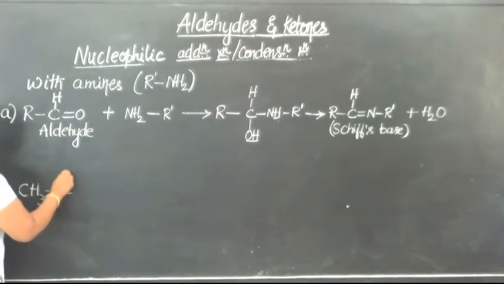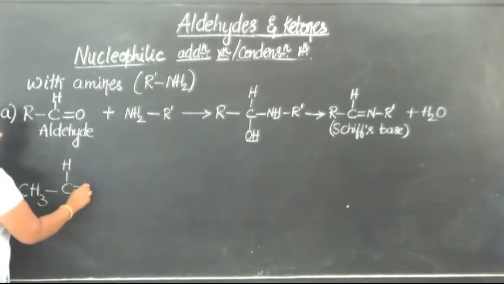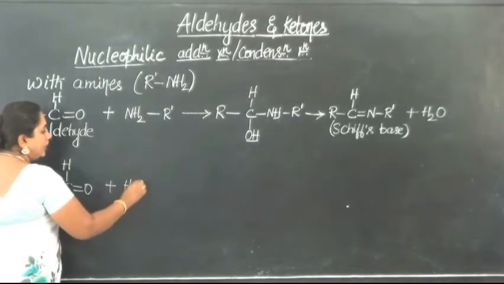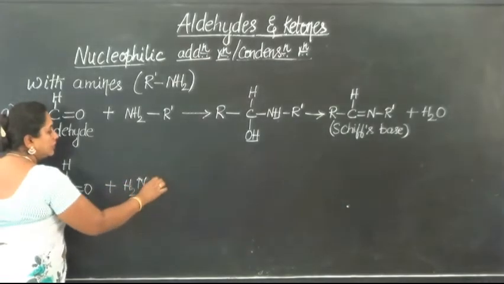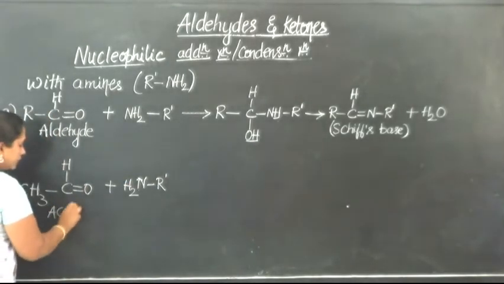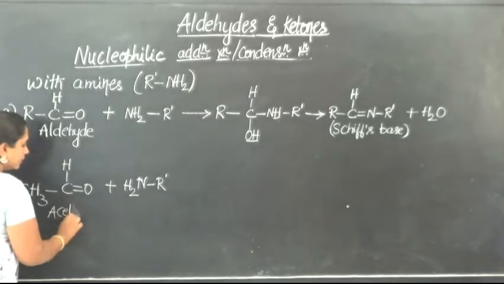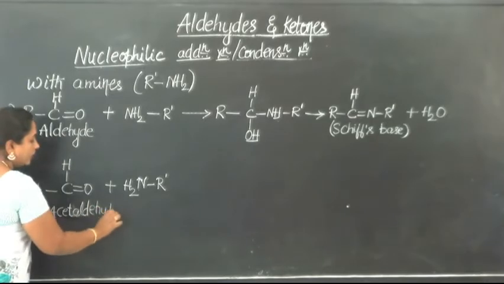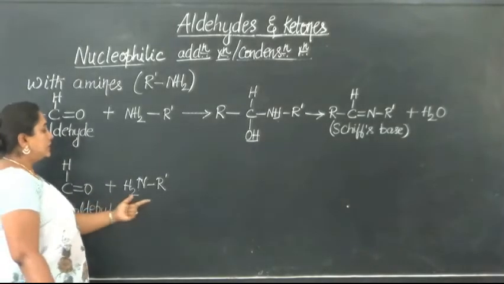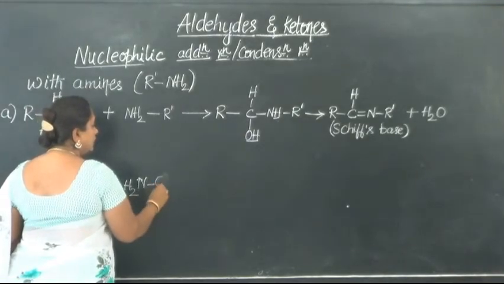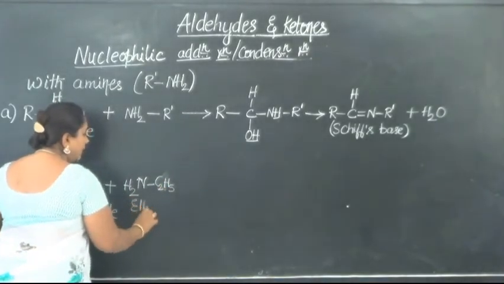So, let us consider acetaldehyde as our example, as we have been learning all the reactions with this aldehyde. Acetaldehyde is treated with an amine. Any amine, for example, let us replace this R dash with C2H5. Therefore, this amine is ethanamine.